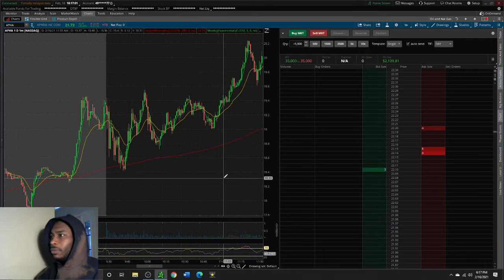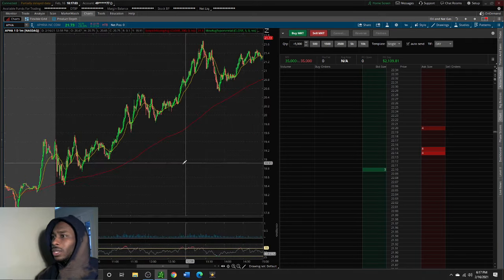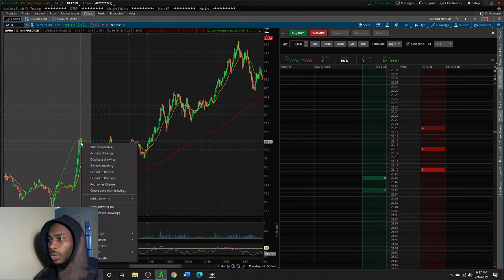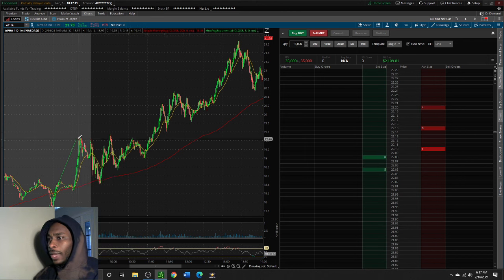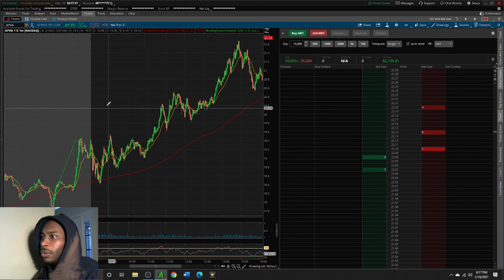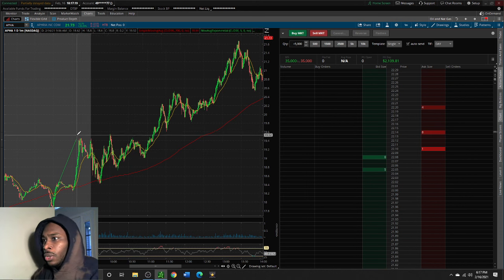So I guess you could call this one a flag pattern, because with a flag pattern, you've got a pole, the initial run up, and then you've got a flag. Sometimes the flag is horizontal, sometimes it's at an angle, but a lot of times you'll get a big move up, and then a consolidation where the stock just goes sideways.